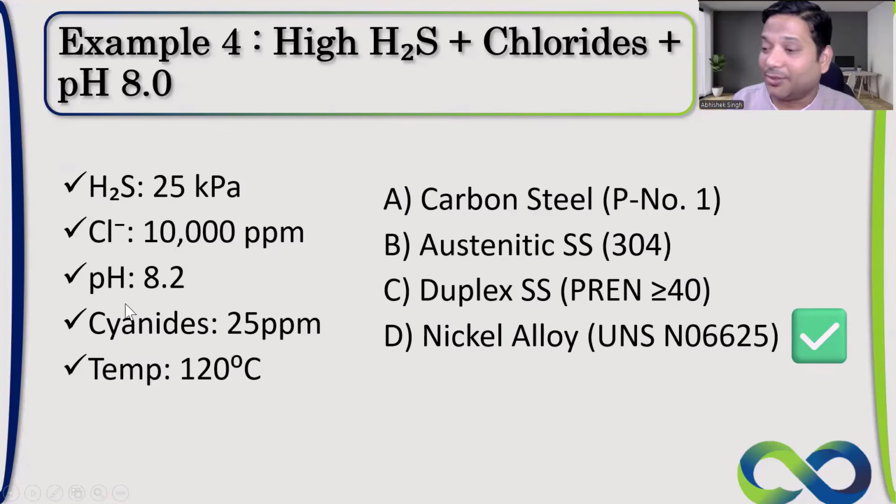Okay. pH value is high and cyanide presence becomes, you cannot use carbon steel. 304 cannot be used for such a high chloride content. Okay. Duplex beyond 20 kPa, you cannot use for 120 degrees Celsius. So the only thing which is left is nickel alloy. Okay.